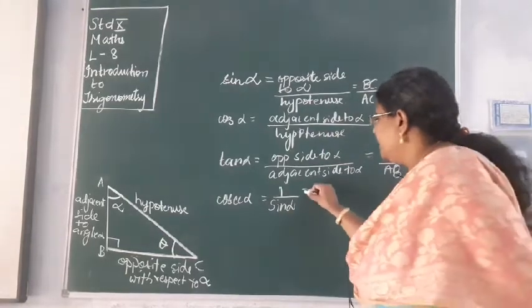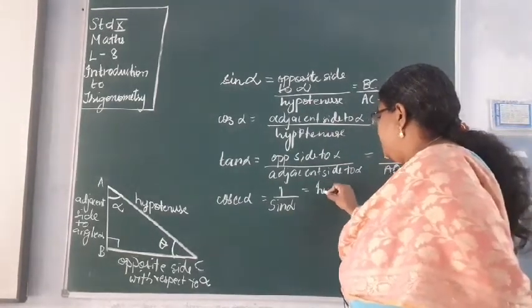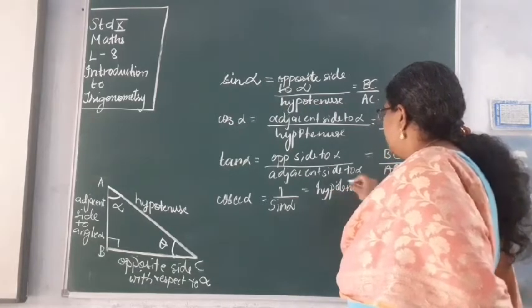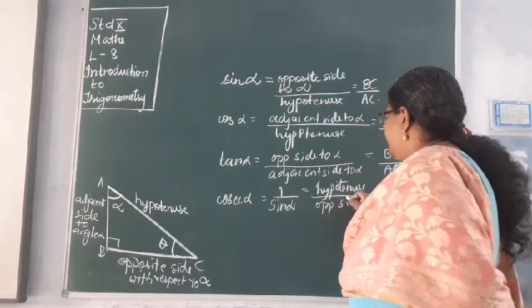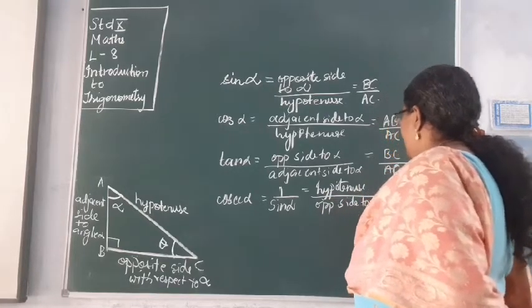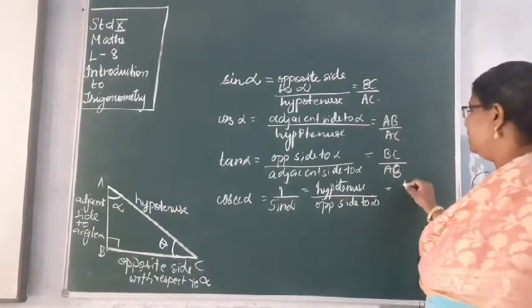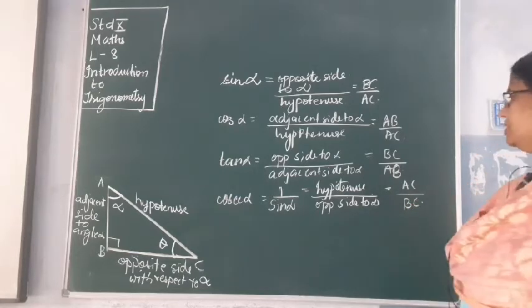That is equal to hypotenuse upon opposite side to alpha, isn't it? So what will be here? Hypotenuse is AC and opposite side to alpha is BC.